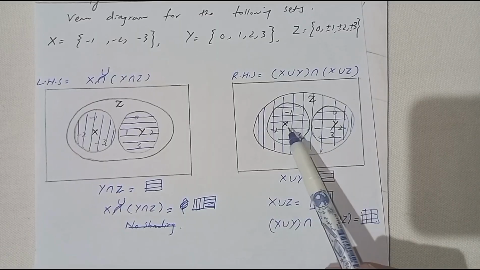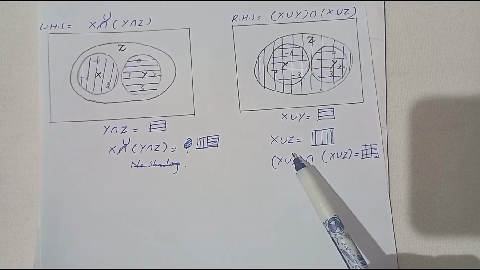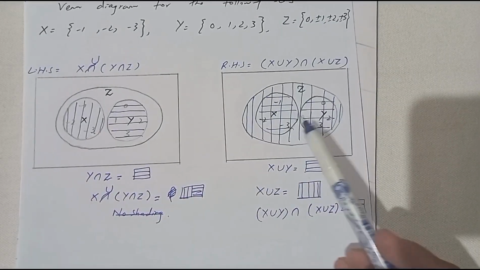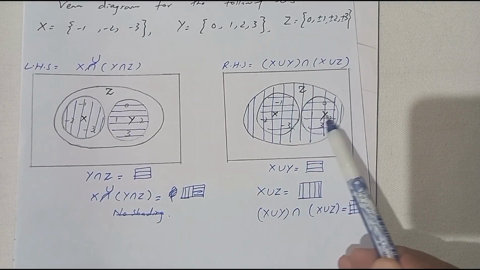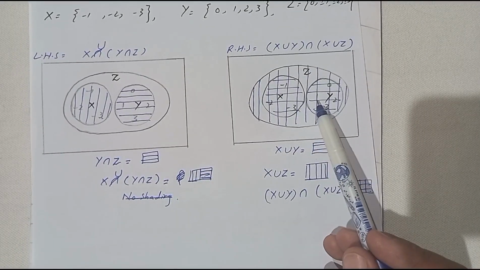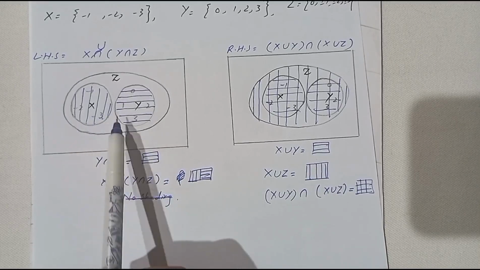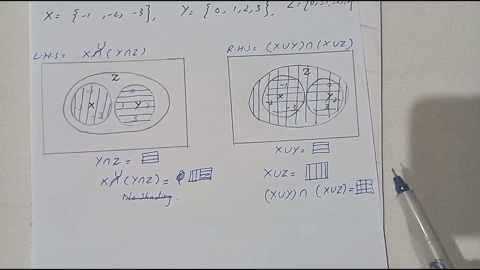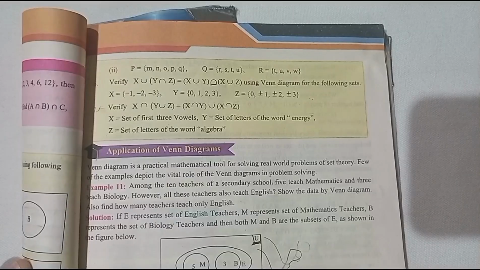Now X union Z is represented by vertical lines. So the common part between X union Y and X union Z is X and Y, which have double shading of both vertical and horizontal lines. So we represent the final shading of X and Y as double lines, vertical and horizontal, that make a box. So the shading of both left and right hand side gives the shading of X and Y and they are equal to each other.